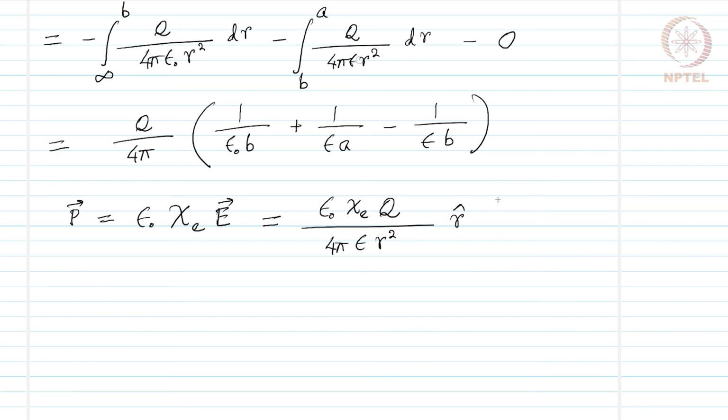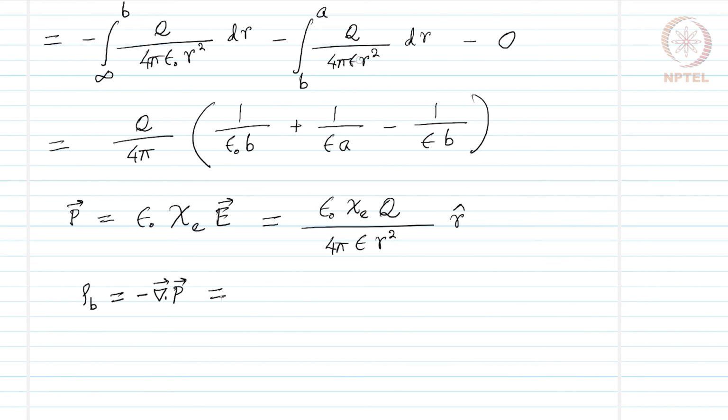Now, if we want to find the bound volume charge density for this problem, we can do that by taking the negative divergence of the polarization vector, and we can see it's the divergence of r cap over r squared, and we are not really considering any place where r equals 0, we are excluding the center of the sphere.